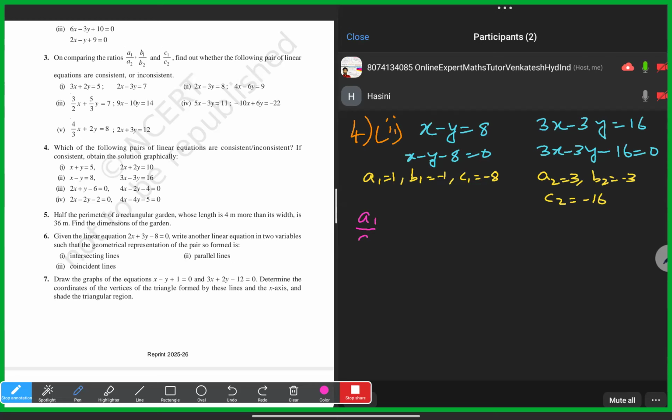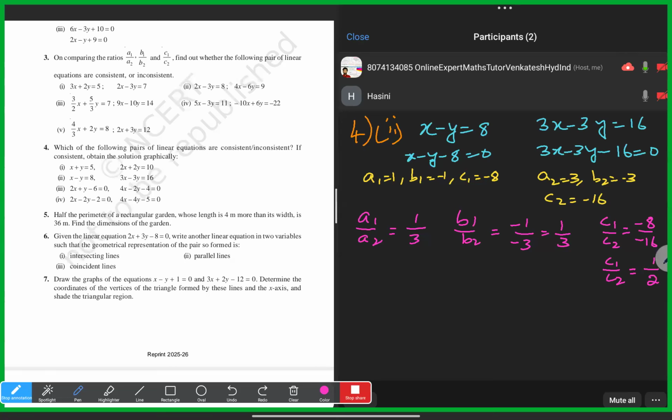a1 by a2 is 1 by 3. b1 by b2 is minus 1 by minus 3, which is 1 by 3 again. And c1 by c2 is minus 8 by minus 16, which means c1 by c2 is 1 by 2.